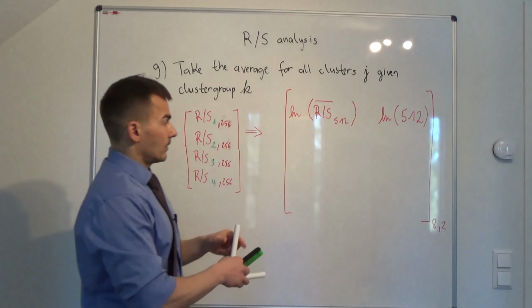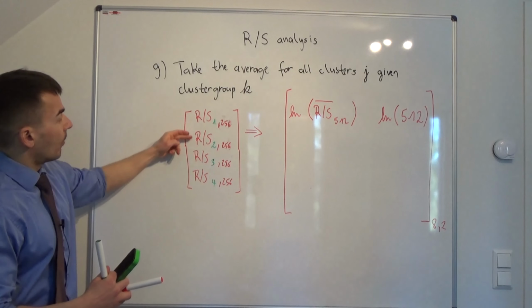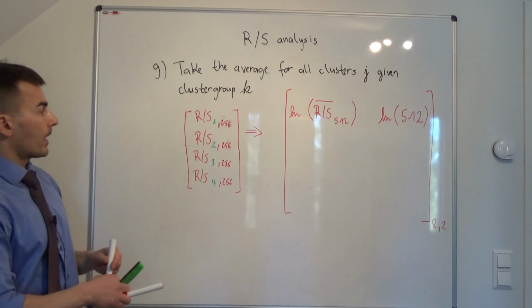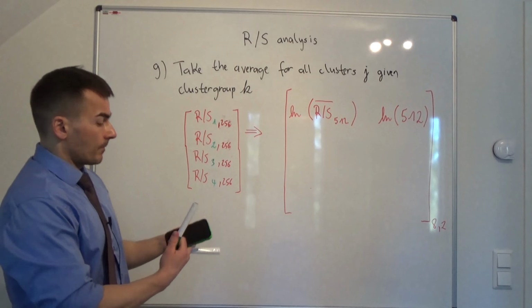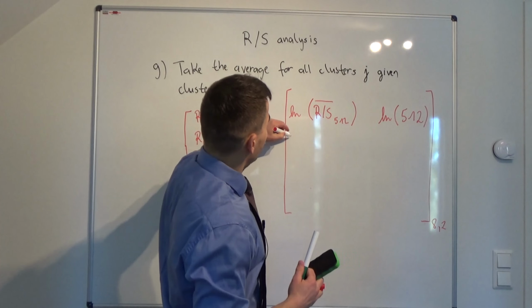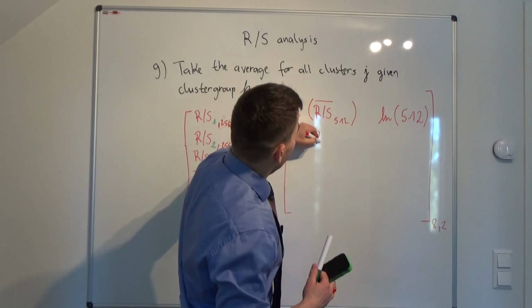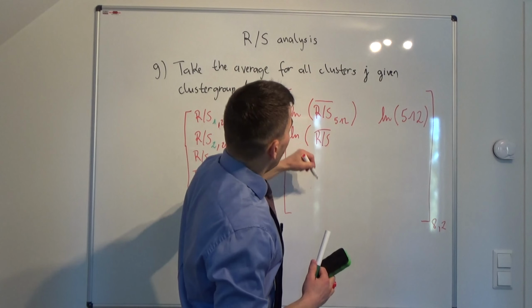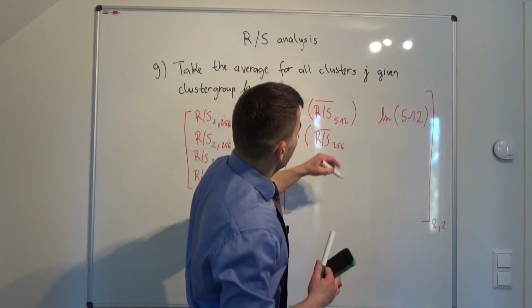And then we would basically take the corresponding average of 4 rescaled ranges, given the cluster size 256. And again, we would store it in this 8x2 matrix in the second row, which would be the logarithm of RS bar for cluster size 256.